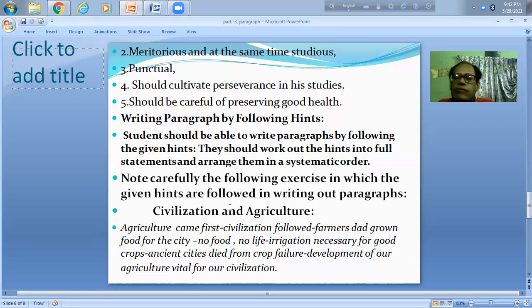Ancient cities died from crop failure. Development of our agriculture vital for our civilization. So you can see that in the hints there are no correct sentences or full sentences. They are sometimes like headlines or phrases.